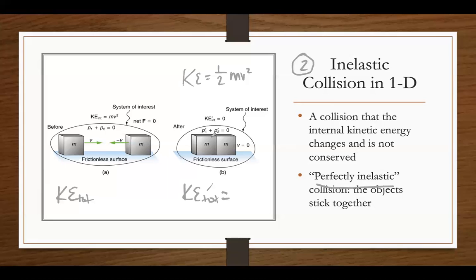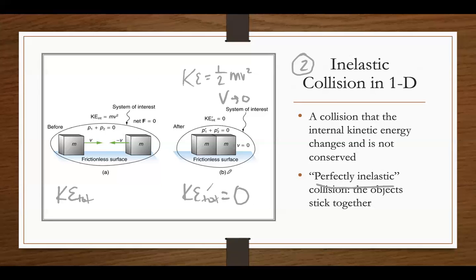If the two objects stick together and their velocity goes to 0, that means my kinetic energy is also 0. So my kinetic energy changes from being the sum of these two kinetic energies to 0, because there is no more motion. Remember that if there's no motion, there's no kinetic energy.